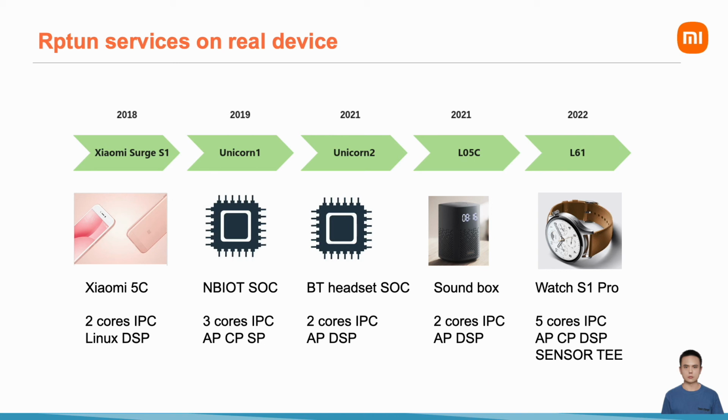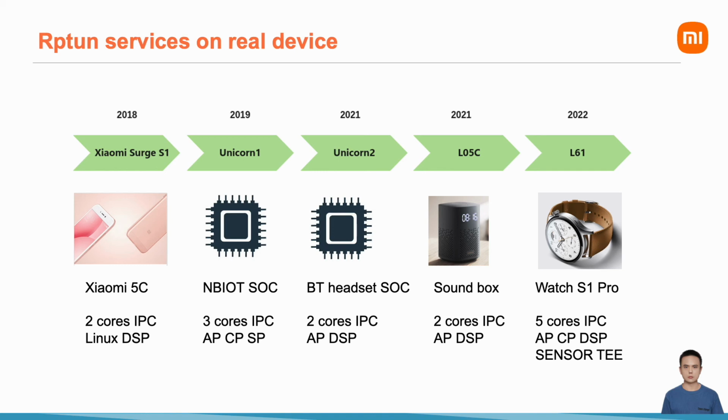In 2021, Unicorn 2, a BT headset SoC, had 2 cores IPC, application processor and DSP. In the same year, we came out with the Soundbox, 2 cores IPC, application processor and DSP.